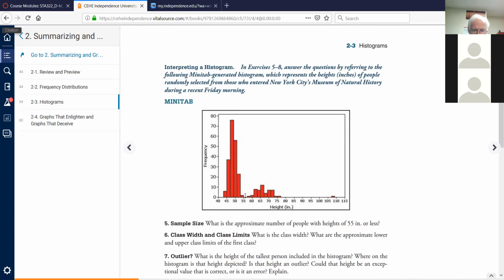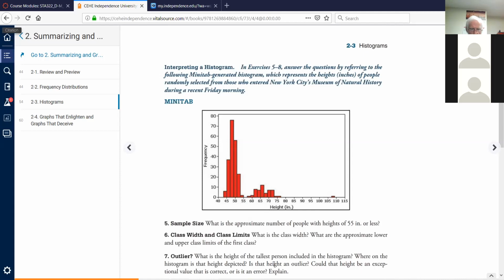And we've got an apparent gap where there is either 0 or close to 0 between 55 and about 57 inches. And then we have a group of people that range up, and then we've got this real outlier here at 110 inches, which is very much an outlier.